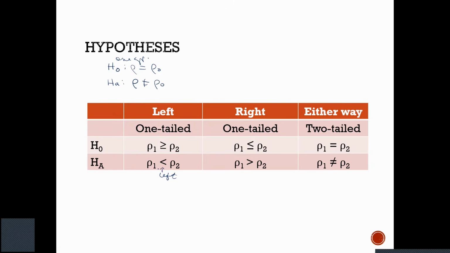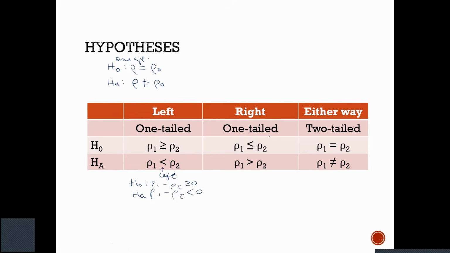So rho one is less than rho two means that rho one minus rho two would be less than 0. And that's actually another way that you can write that hypothesis. HA would be that. H0 would be rho one minus rho two greater than or equal to 0. Okay, so you can do it that way, and that might make more sense to you in terms of thinking about the fact that we're looking at a difference.